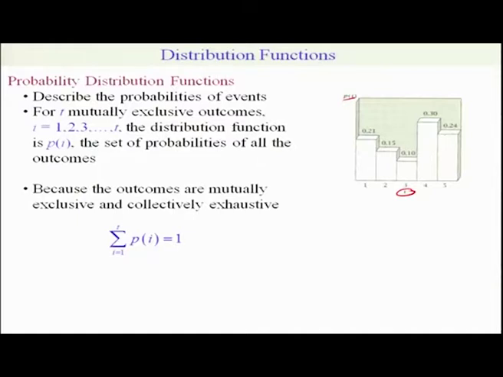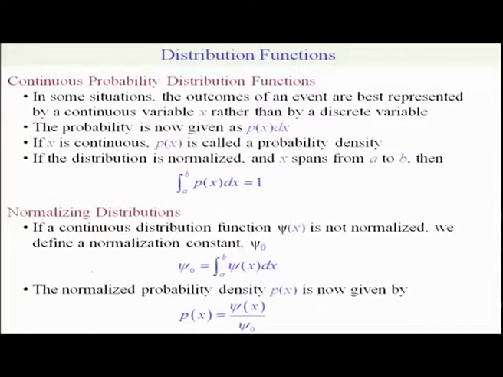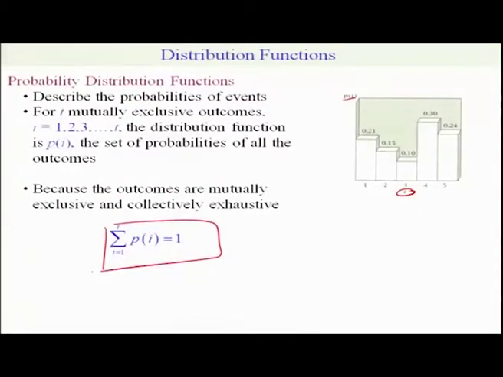This is an arbitrary set of values for a given set of events, just for the sake of example. Now, because these are mutually exclusive and collectively exhaustive, the sum of these should yield 1, which would be the case if you add it up here. Now, this was a very discrete event.